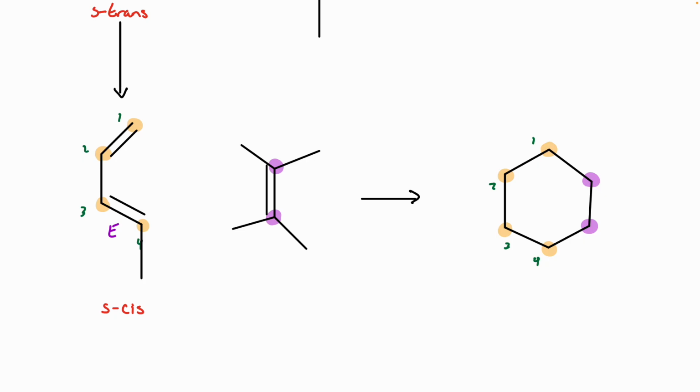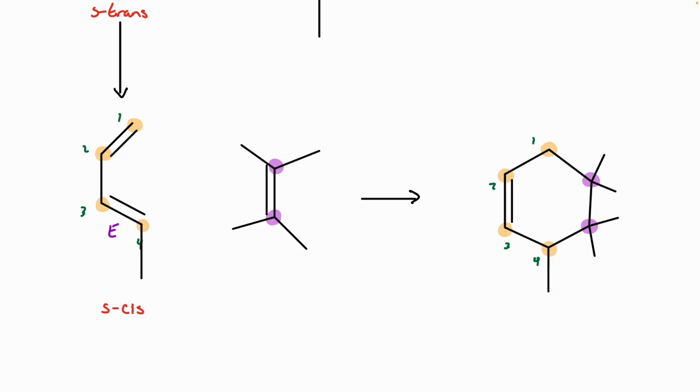All right, so I got my 6-membered ring here. I just need to decorate it the same on the right-hand side as on the left-hand side, meaning my purple carbons need those 2 methyl groups. Carbon 4 also needs a methyl group. And then lastly, I have to account for that movement of that pi bond to between carbons 2 and 3. Cool. All right.